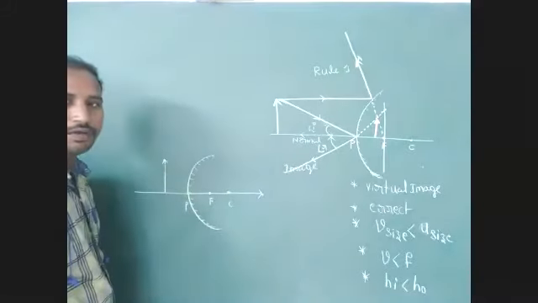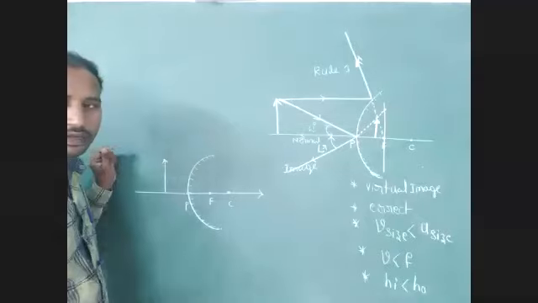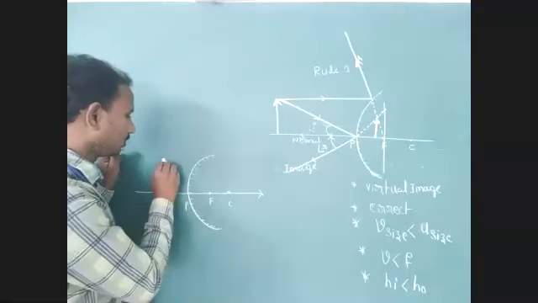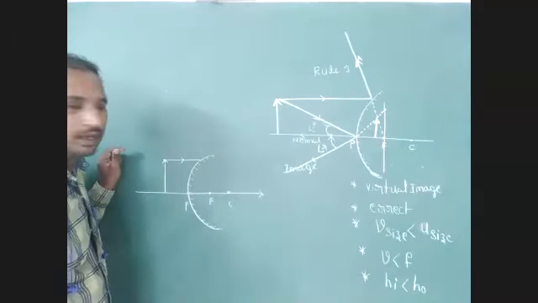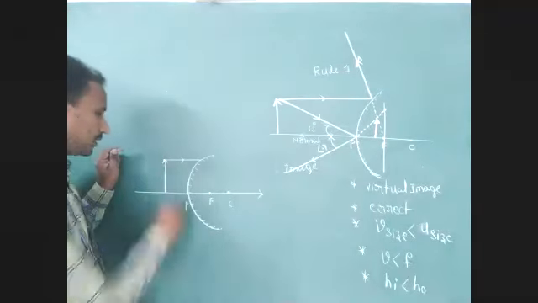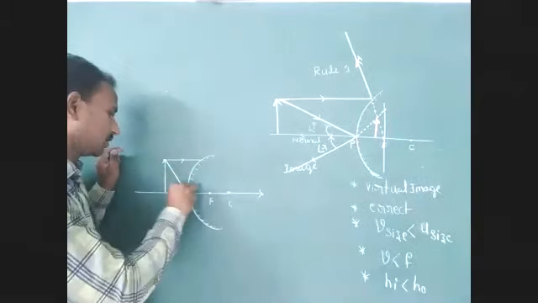Now, how many marginal rays are required for finding that image formation point? Two marginal rays are required for us. One ray parallel to principal axis, there is one incident ray. Next, another marginal ray we have to consider.